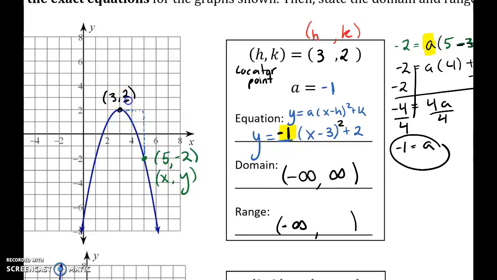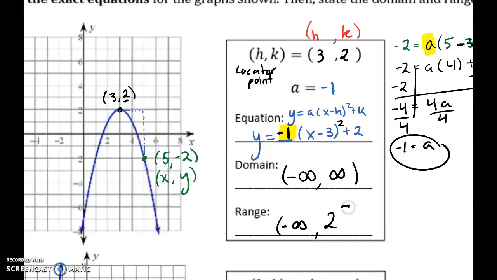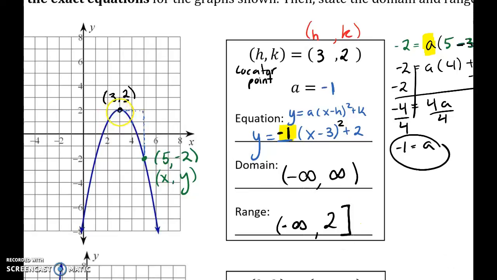The height, the tallest point of the graph, or the greatest y value is 2, so we put a 2 up here. Because that 2 is included in the range, we're going to put a square bracket here. And now we're finished with this problem.